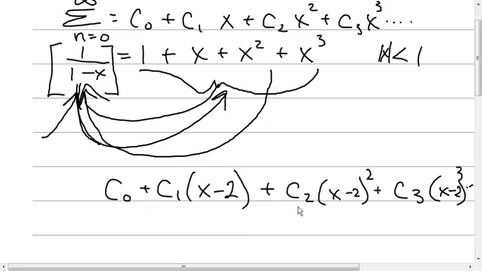This still is a power series. The difference is that the first would be centered at x equals 0, and this is going to be centered at x equals 2.